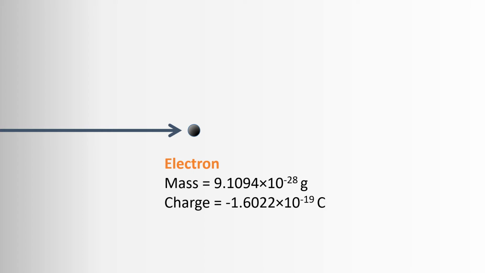The charge, on the other hand, this is the important number, 1.6022 times 10 to the minus 19 coulombs. If you remember, that's the same number as we had in the proton, only in the proton it was a positive charge, and in the electron it is a negative charge. This is called an elementary unit or an elementary charge.